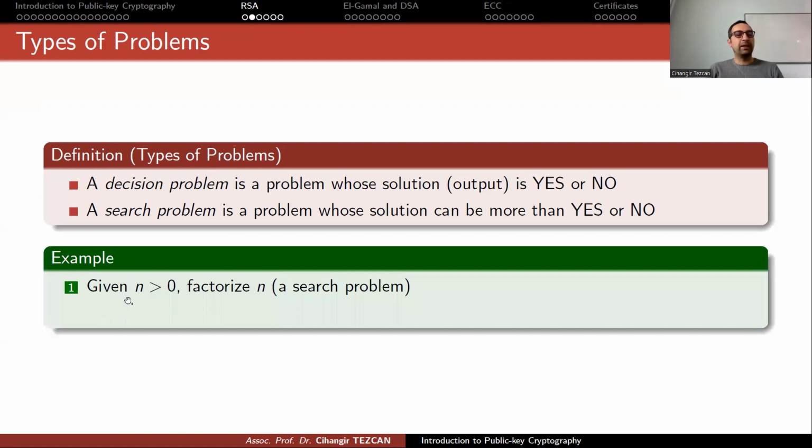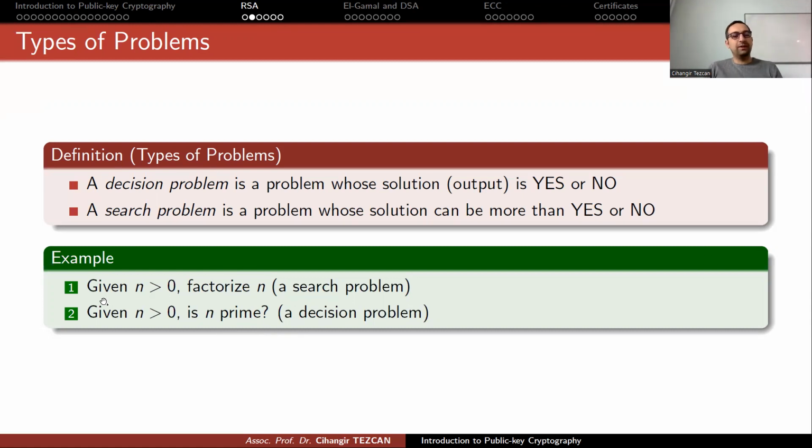A search problem: I give you a number n and I ask you to factorize it. A decision problem: I give you a number n and ask you if n is prime. You might think that both are identical because, for instance, if I solve the search problem, then this means that I already solved the decision problem, right?